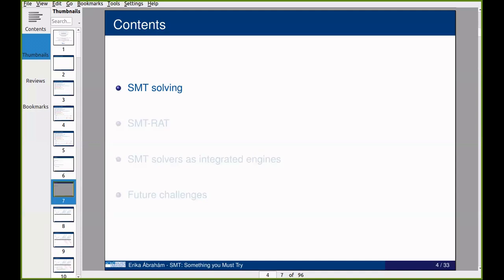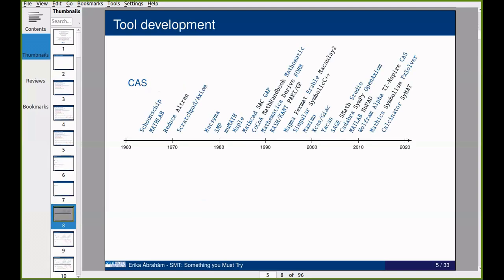Let us start with SMT solving. If we go back to the roots, satisfiability checking is the large area of checking the satisfiability of quantifier-free logical formulas.